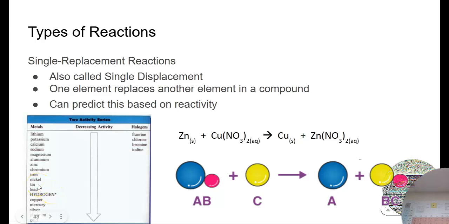I know it's a little bit hard to see here, but copper is right down here. And zinc, on the other hand, is way up here. So nitrate says, oh, well, zinc is definitely an improvement. I'm going to make the switch. Copper then gets left on its own, and zinc is now dancing with nitrate. And that's how the story goes.